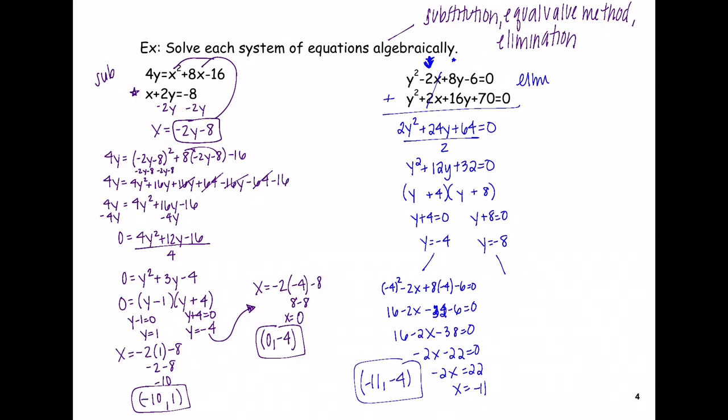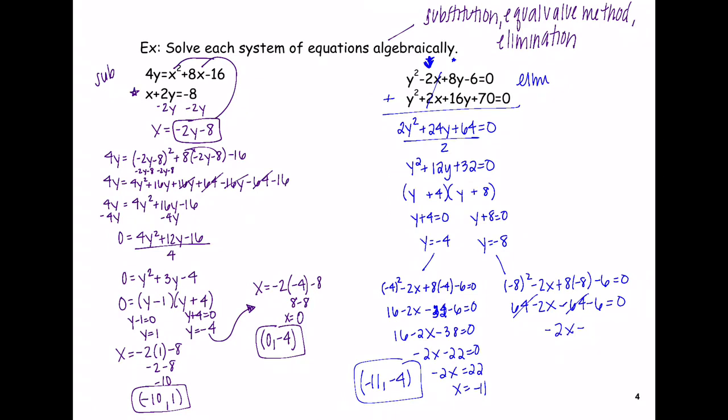And when we plug our negative 8 back in, negative 8 squared minus 2x plus 8 times negative 8 minus 6. Negative 8 squared gives us 64, minus 2x, minus 64, minus 6 equals 0. 64 and negative 64 cancel out.